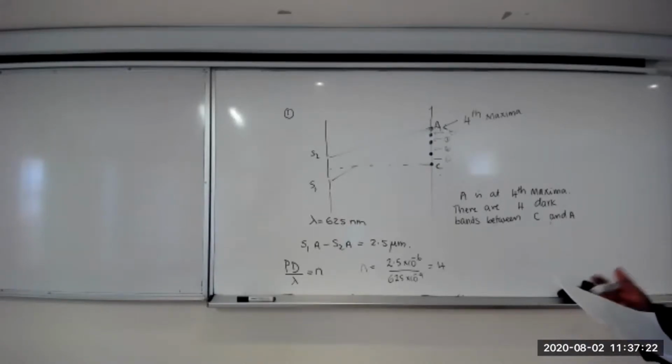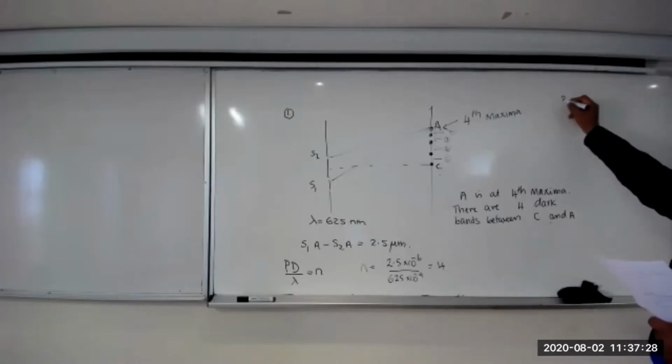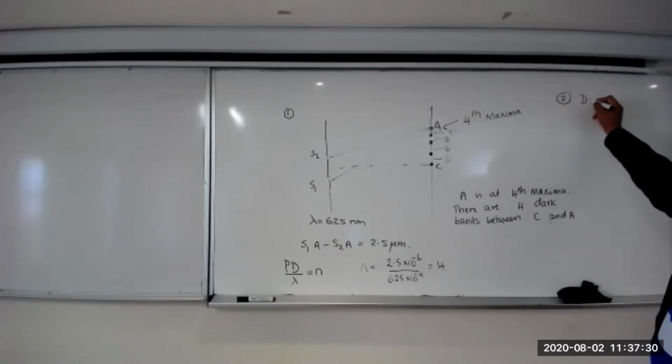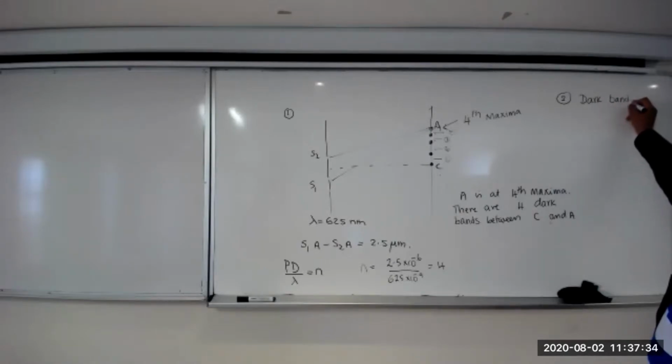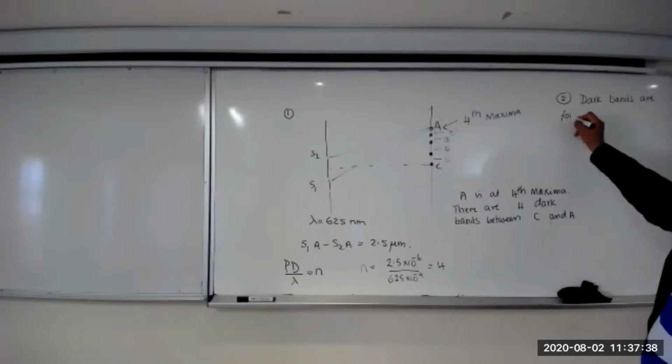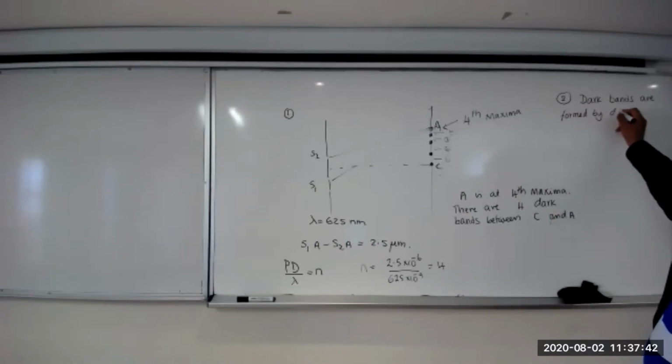Use the appropriate physics principle to explain the existence of dark bands. Dark bands are formed by destructive interference.